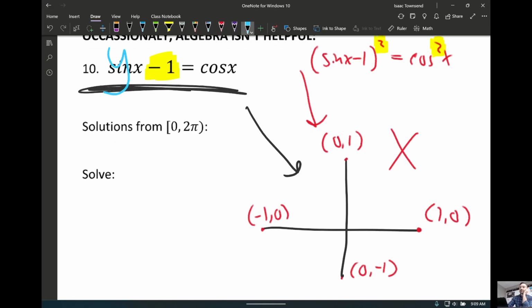So remember, sine is the y values on the unit circle, and cosine is the x values on the unit circle. So if I can subtract 1 from y and it equals x, then that's the solution. So I'm just going to try them. Subtract 1 from y does not equal x. Subtract 1 from y does equal x.